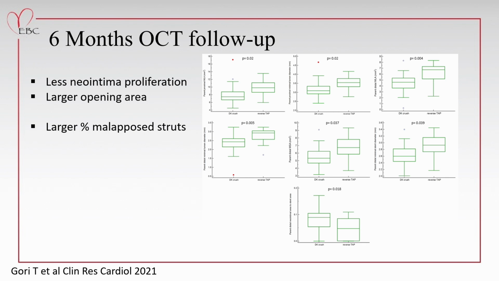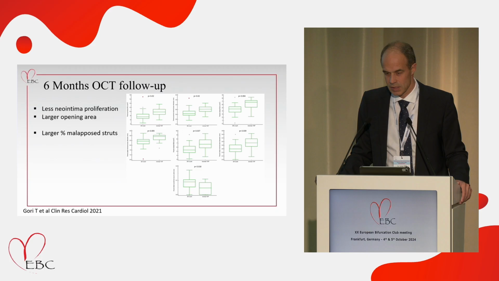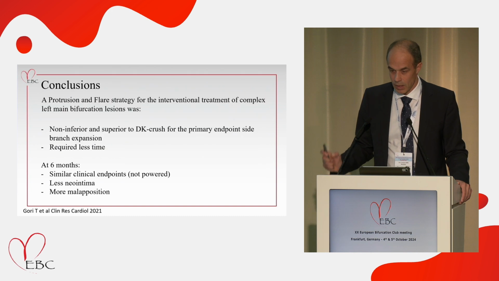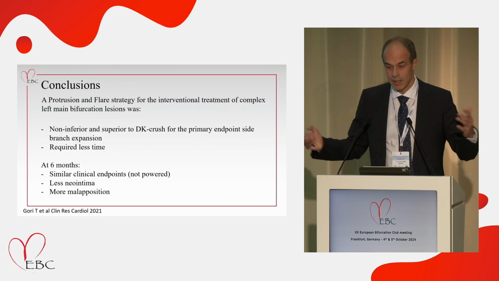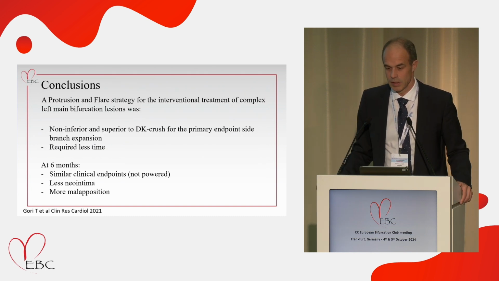There was less neointima proliferation in the reverse TAP group, a larger opening area at the ostium of the side branch, and more malapposed struts in the reverse TAP as compared to the DK Crush, without clinical implication, at least in the first year of follow-up.